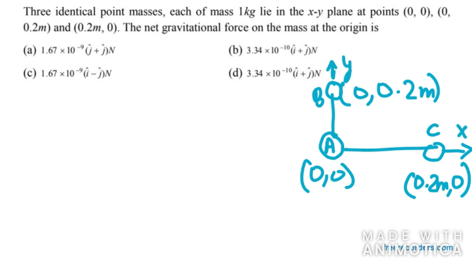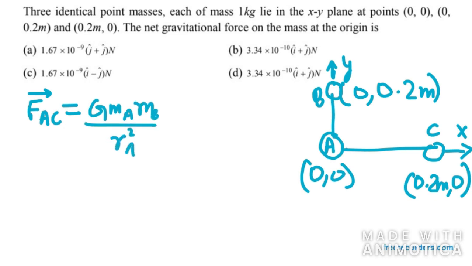Now we need to find the net gravitational force on the mass at the origin. So first of all, I would be finding FAC, the force between A and C. So it will be G MA MC over r square AC, and it is in the x direction, therefore I would be writing i cap here. So we have identical point masses, each of mass 1 kg.